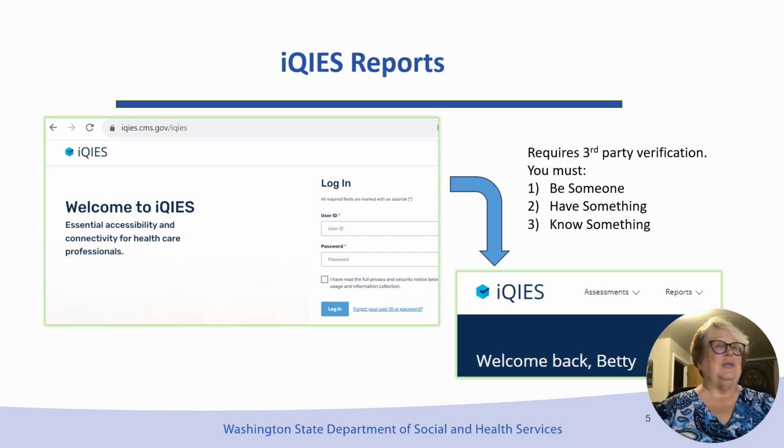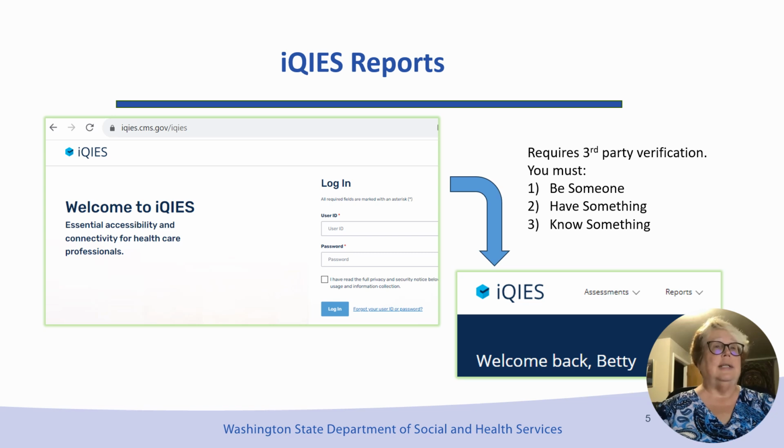So they're going to want you to put in your user ID and password. Then they're going to either send a numeric code to your email or to your instant messaging system. So you're going to need to know that to get into the third-party verification.